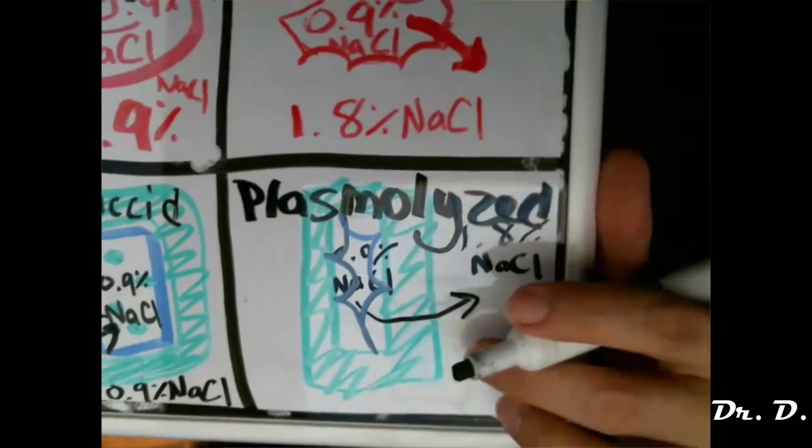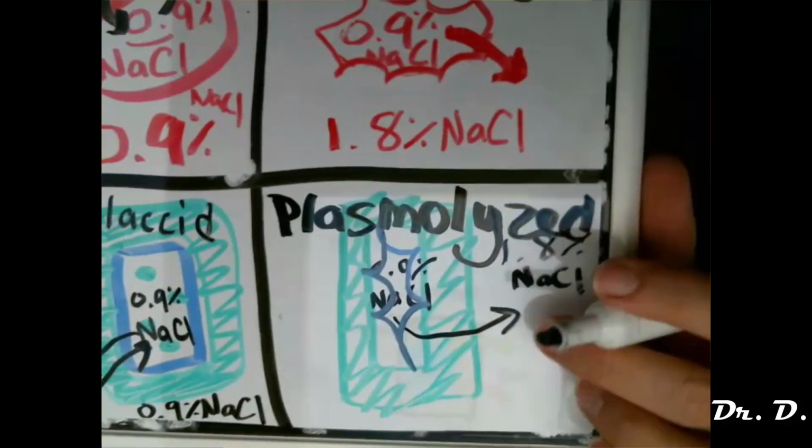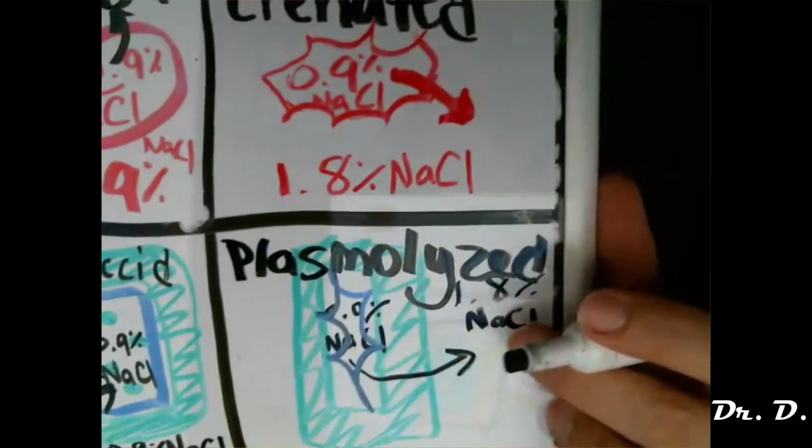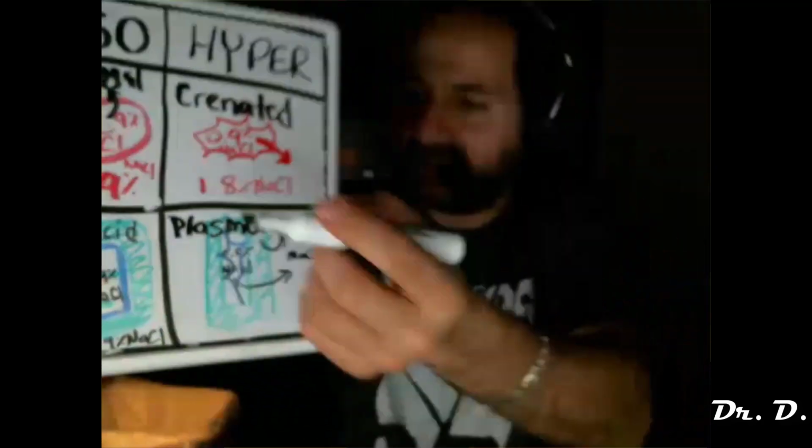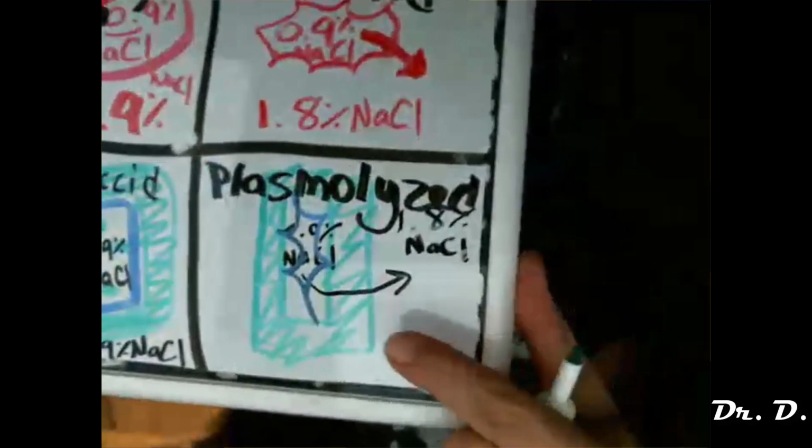The cell wall doesn't shrivel up. It can shrink a little bit, but it doesn't shrivel up. But what does shrivel up? The plasma membrane inside, and that takes the chloroplasts with it, by the way. The chloroplasts kind of bunch up as well because the chloroplasts are inside of that plasma membrane as well.